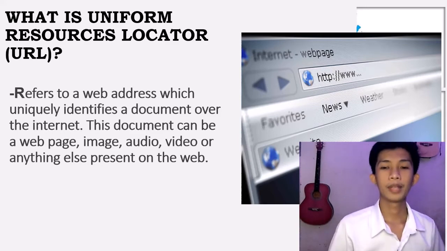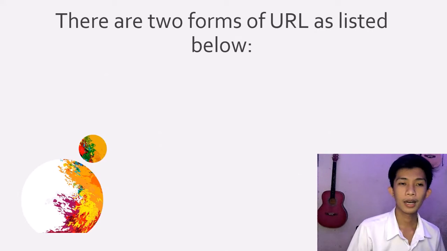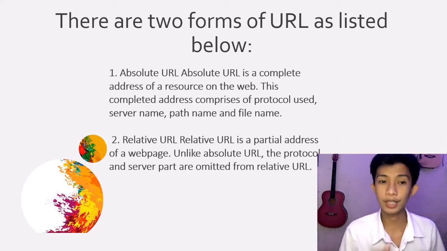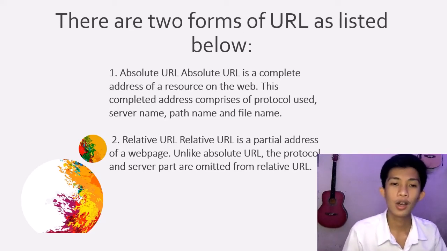The next one is, there are two forms of URL as listed below. So the first one is absolute URL. Absolute URL is a complete address of a resource on the web. This complete address comprises the protocol used, server name, path name, and file name.